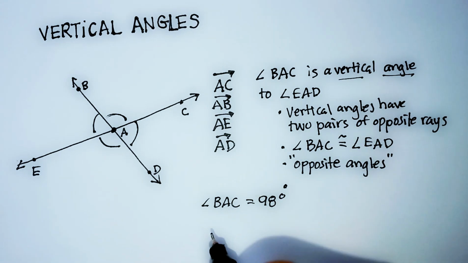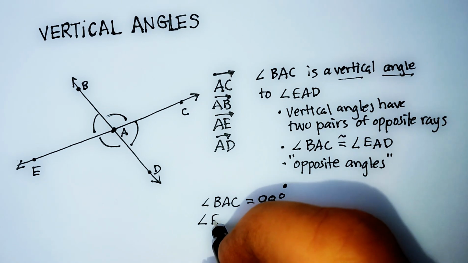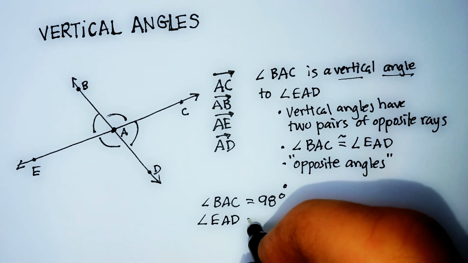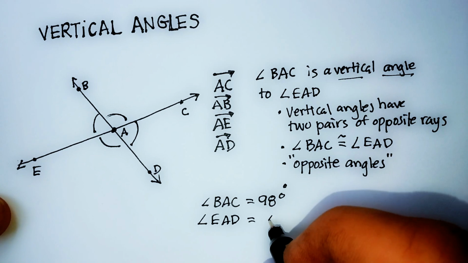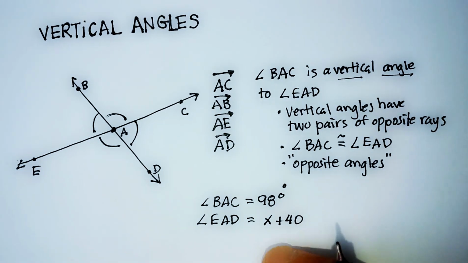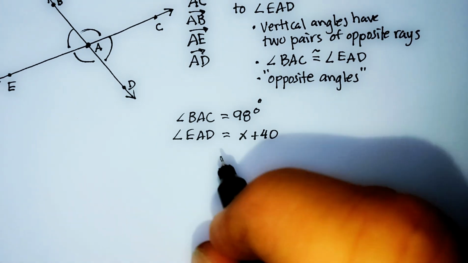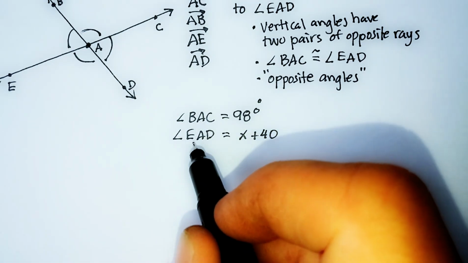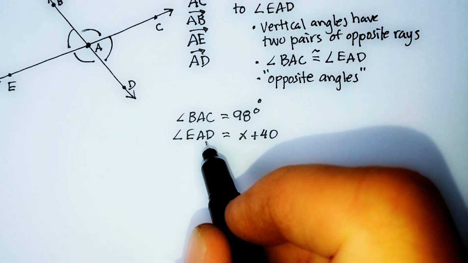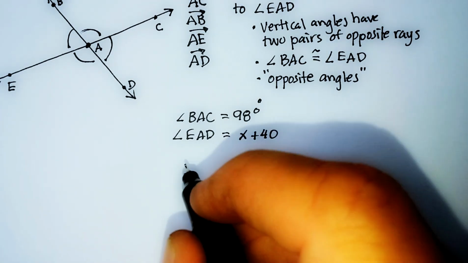And what I know about angle EAD is that it's x plus 40. Create an equation that would actually solve for the x. So you have to use a little bit of inductive reasoning, right? I know that BAC is equal to EAD. Therefore, 98 is equal to x plus 40.